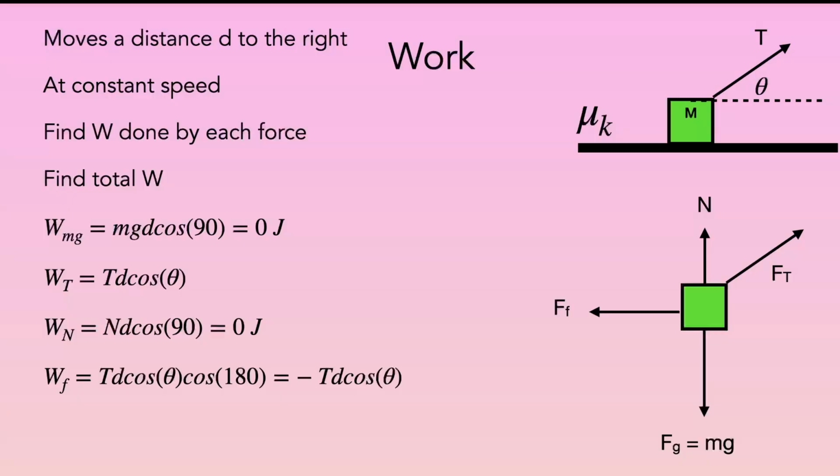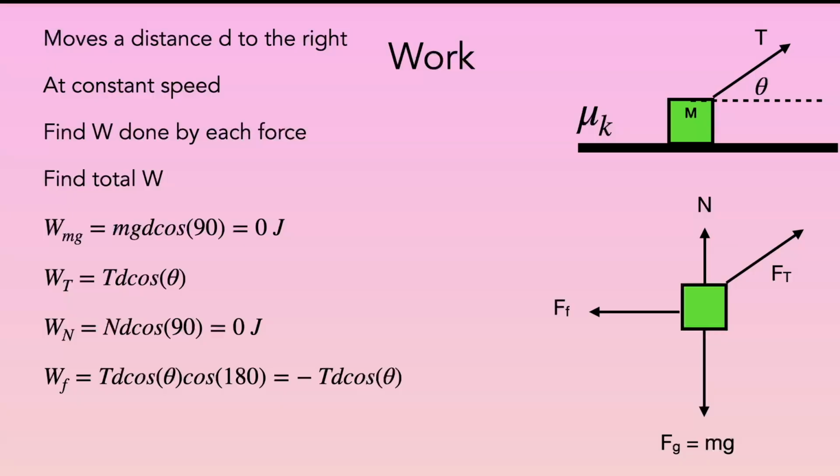But here, we don't even have to solve for the normal force because we know it's in equilibrium. The constant speed makes this a little easier. So we know the force backward is T cosine theta. So we have T cosine theta times d times the cosine of 180, because that's the angle between d, which is moving to the right, and friction, which is moving to the left. So it's negative T D cosine theta.